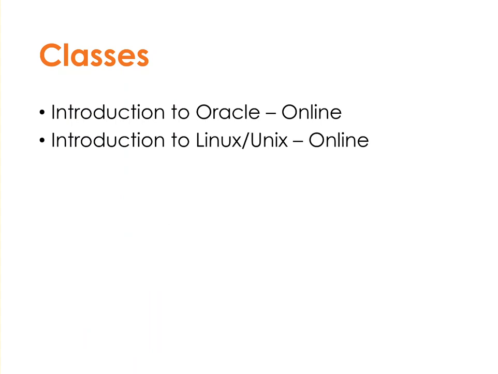There's Introduction to Linux, Unix. This is, again, strictly online. Linux, Unix, it's hardly referred to as Unix at all anymore. Linux is the most common one. This is an operating system, kind of like Windows 10, except it can be a graphical interface like Windows 10, but it also can be completely text-based.